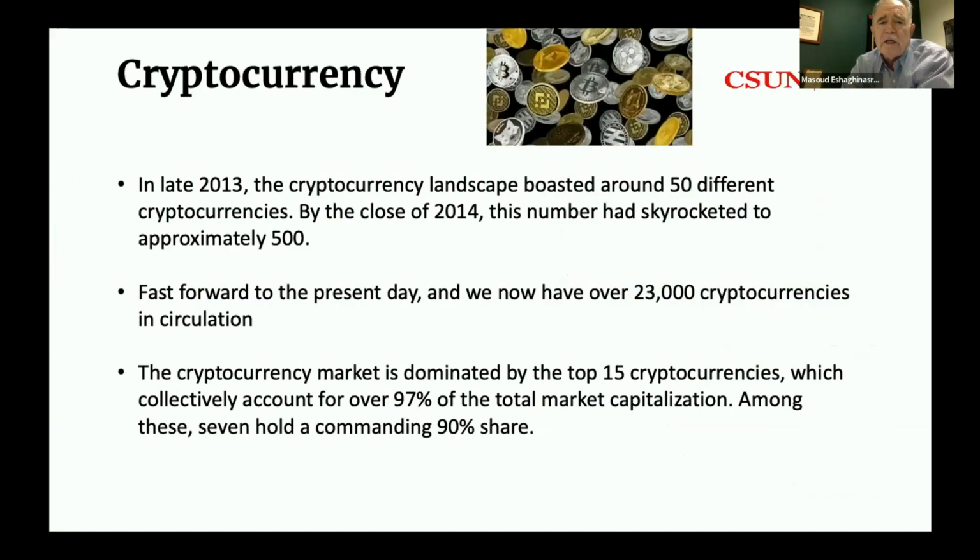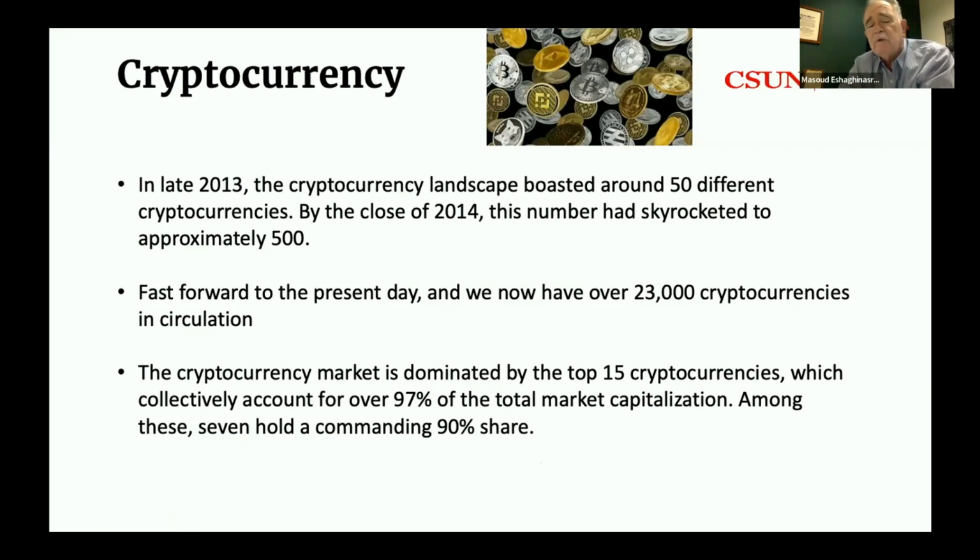Today I want to talk about statistics and how it supports cryptocurrency. Going back to history, in late 2013 we had around 50 different cryptocurrencies. In 2014, approximately 500 coins.